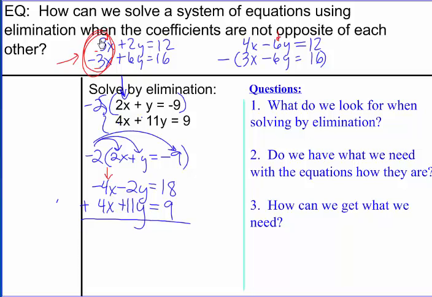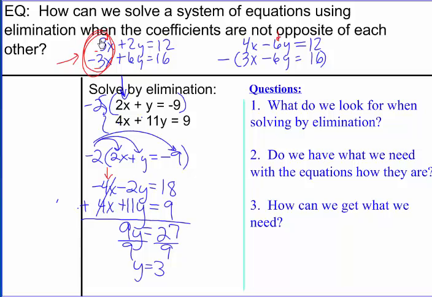Negative 4x plus positive 4x gives me 0x. So then we look at our y, so our x variable canceled. Negative 2y plus positive 11y gives us a positive 9y. And you have 18 plus 9, which gives us 27. Divide both sides by 9, you get y equals 3.